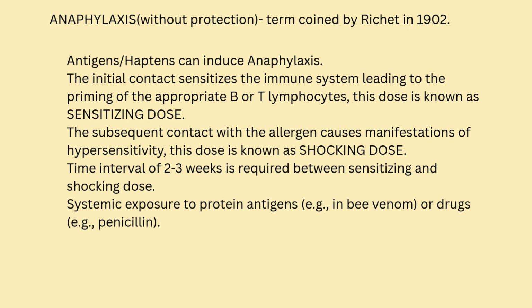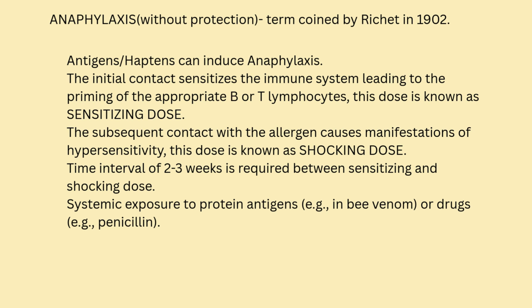Basically, when the host comes in contact with the allergen for the very first time, that is the sensitizing dose, and that is the time when the antibodies are produced and stored. So the next time the host comes in contact with the allergen, the hypersensitivity reaction takes place, which is nothing but the shocking dose.